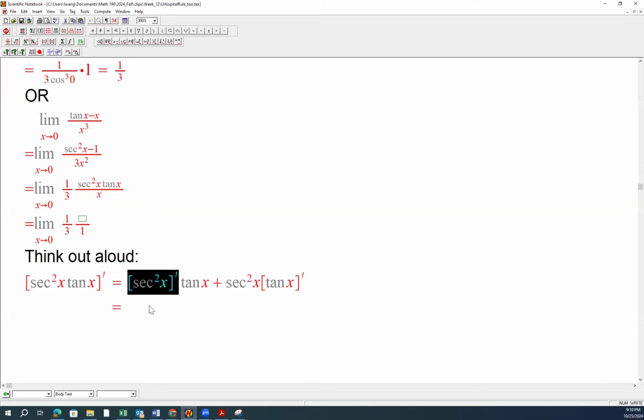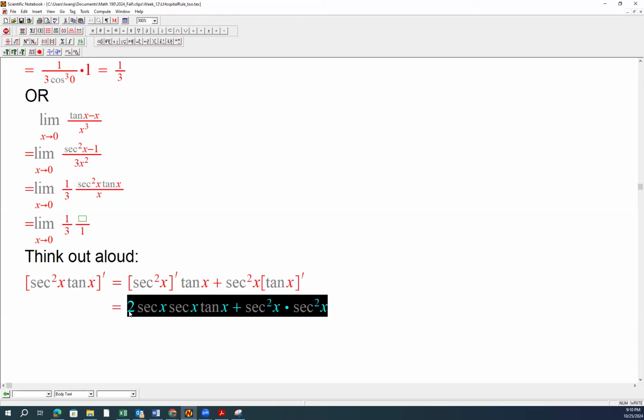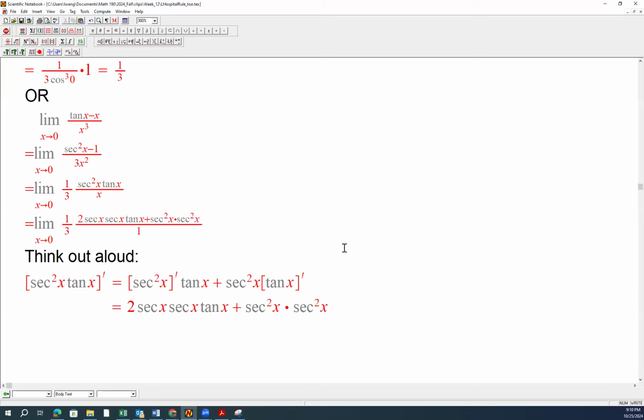On this piece, we're going to have to do the chain rule. 2 times secant x, and then the derivative of secant x is secant x times tangent x, plus secant squared x multiplied by the derivative of tangent. The derivative of tangent is secant squared. So this will be the result you're going to put on top here.